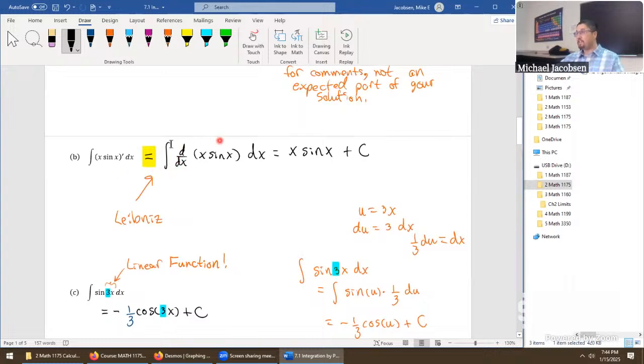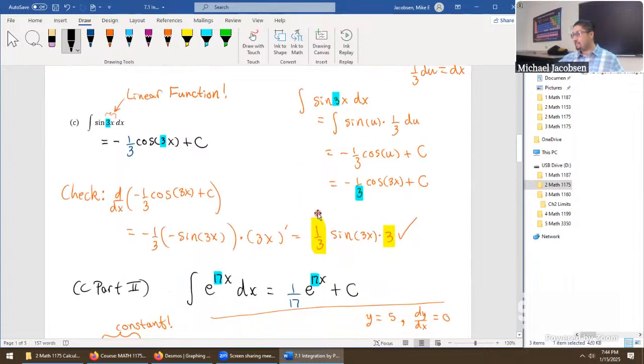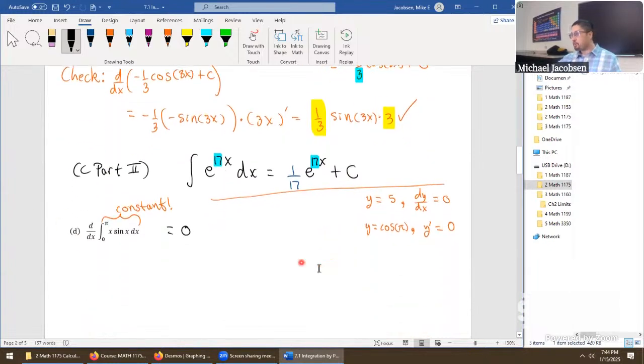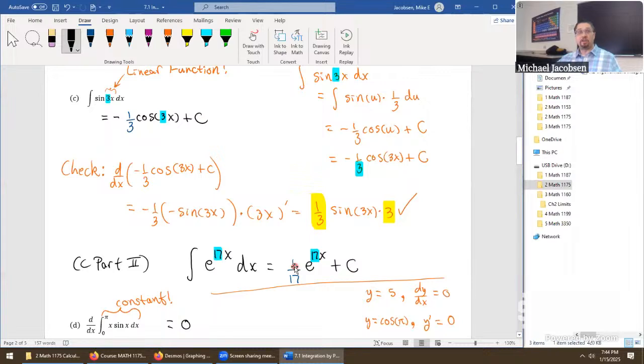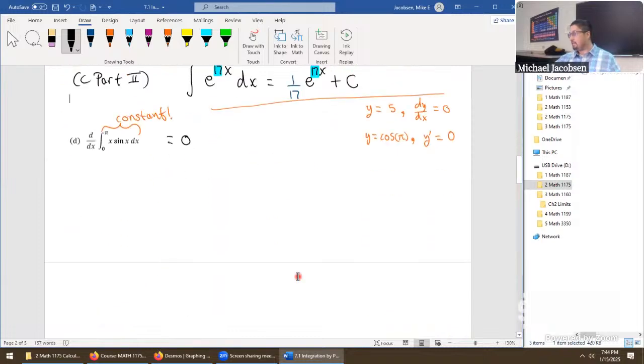Well, it was indefinite. We were just taking the antiderivative of a derivative. That's why we didn't get 0 on this one as well. But those are the major kind of things I want to talk about before we got into integration by parts. The biggest takeaway is U substitution. It does get used quite a lot in this course, and being familiar with differentials is extremely important as well.